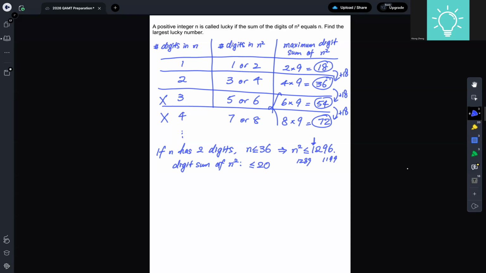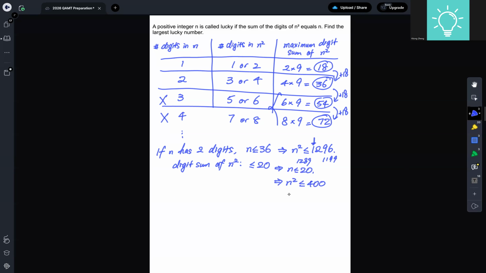So if the digit sum of n squared is at most 20, n cannot be anything more than 20. We can see that n squared cannot be anything more than 400, and we can keep doing this argument to bound.